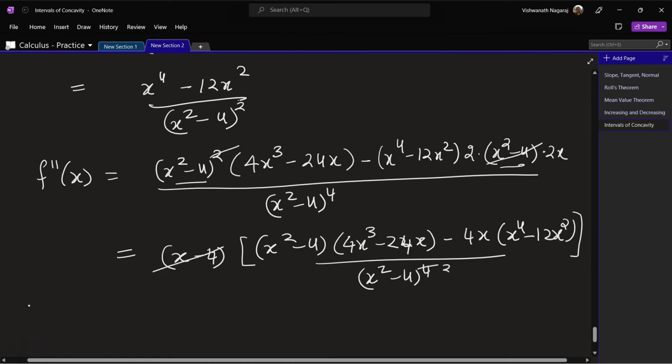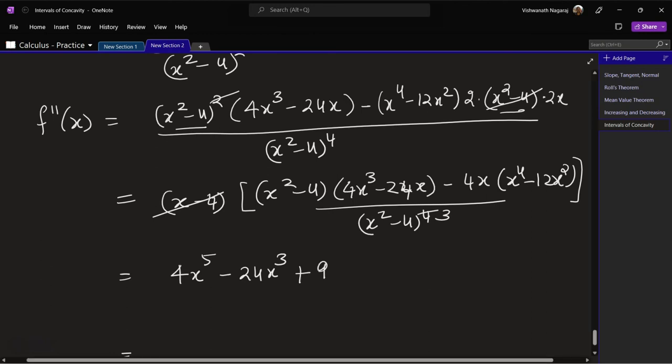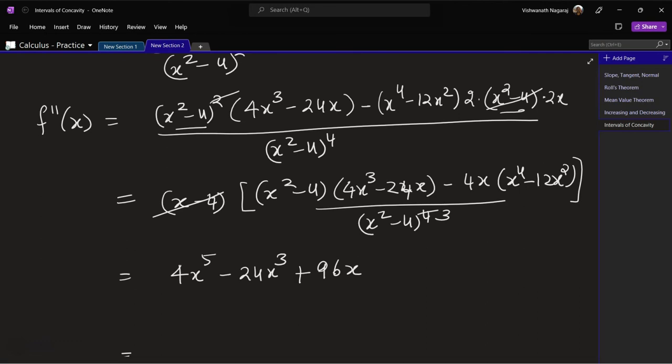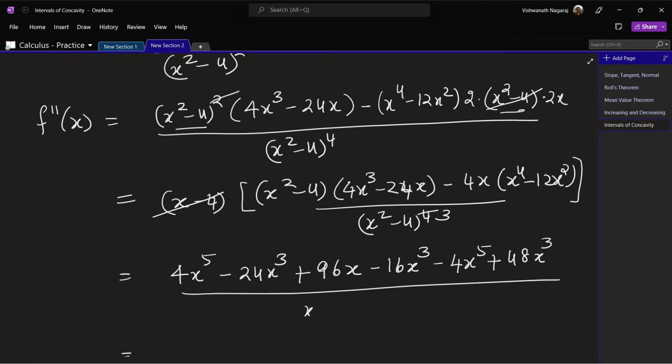This and one of this gets cancelled and we end up with 4x to the power of 5 minus 24x cube plus 24 fours 96x, and minus 16x cube minus 4x to the power of 5 plus 12 fours 48x cube, divided by x square minus 4 cube.